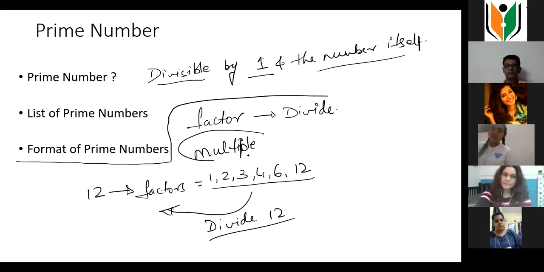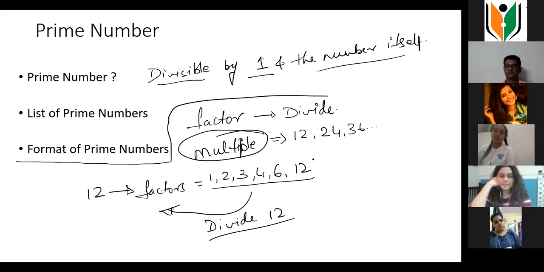And what is a multiple of 12? Multiples of 12 are 12 ones, 12 twos, 12 threes, and so on. Basically, all those numbers that 12 can divide. So, reworking the phrase, a factor is a number which can divide a given number. A multiple is a number which the given number can divide.